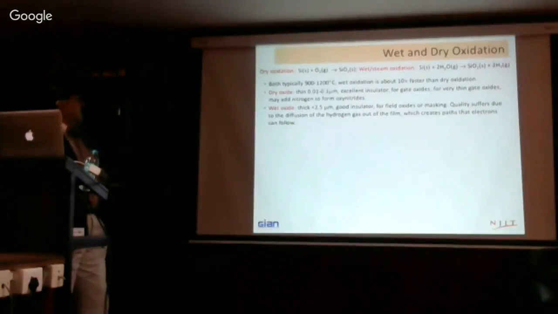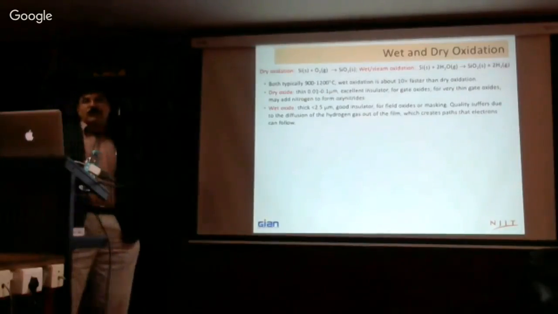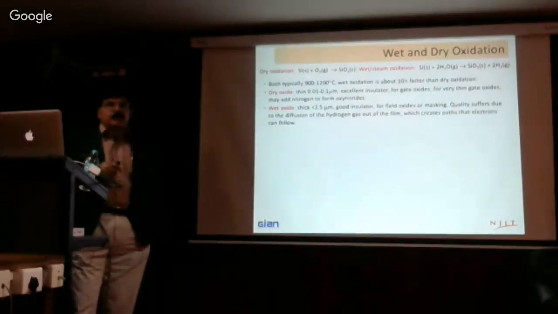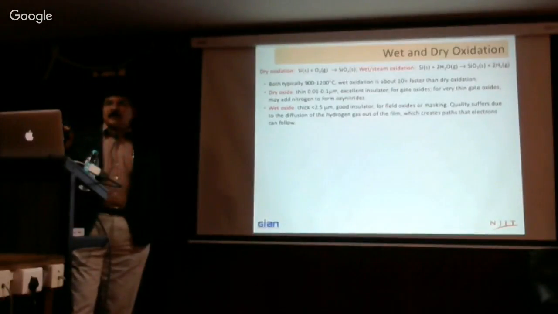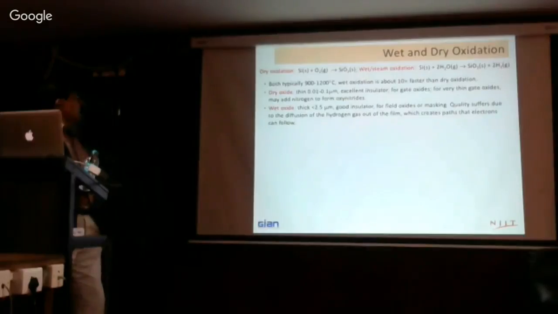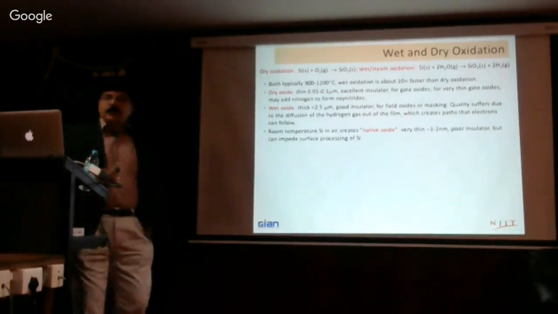Then we have dry oxide, which is very thin. Typically, this now goes to almost 1.2 to 1.5 nanometer. Some of the transistors even in 42 nanometer technology were using silicon oxynitride of 1.2 nanometers. And then there is dry oxide and wet oxide, and then room temperature oxide on silicon. Silicon has something called the native oxide.